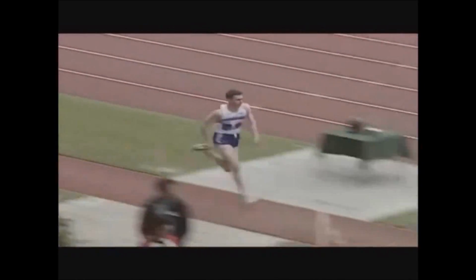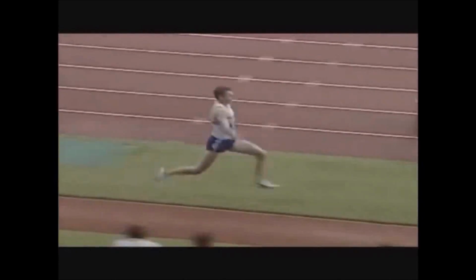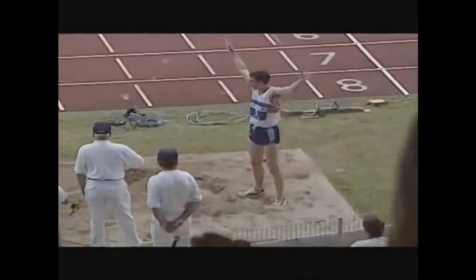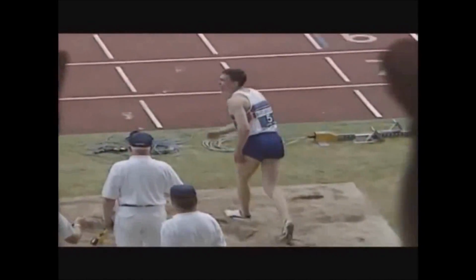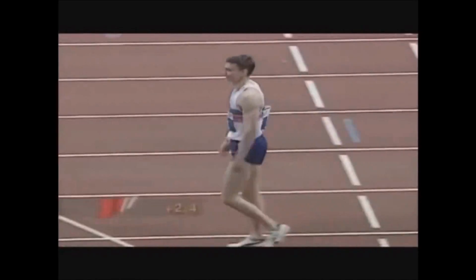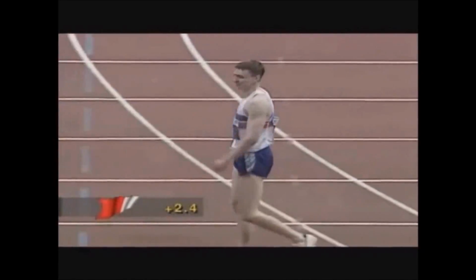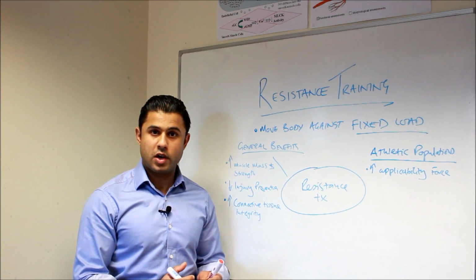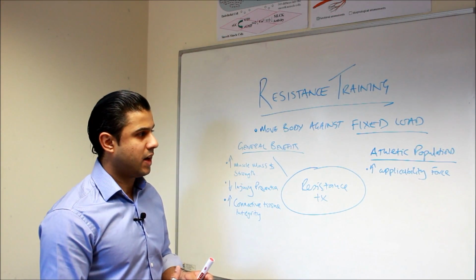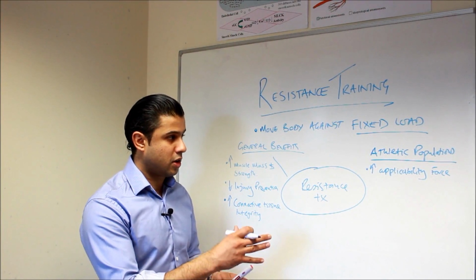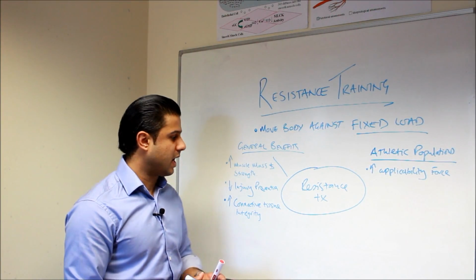That was a phenomenal achievement, and it was attributed to a strength training program that Jonathan Edwards was undergoing, and it helped his triple jump form, his stride, his technique, and the power with which he was able to propel himself to make such a large jump. So that's an example of an athlete using strength training in their sport to have a performance gain.